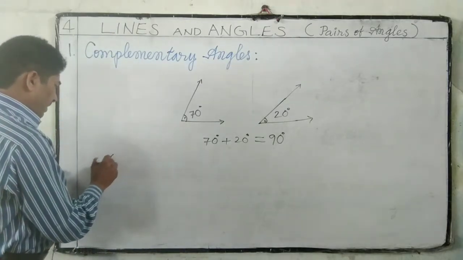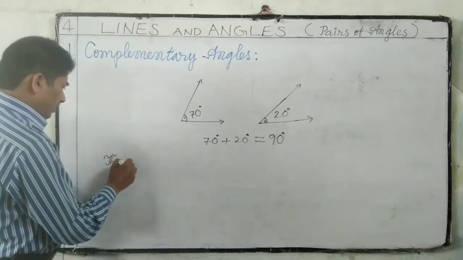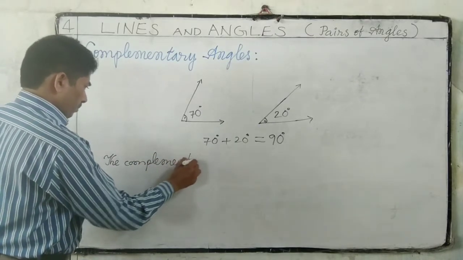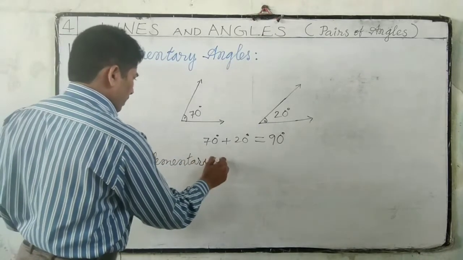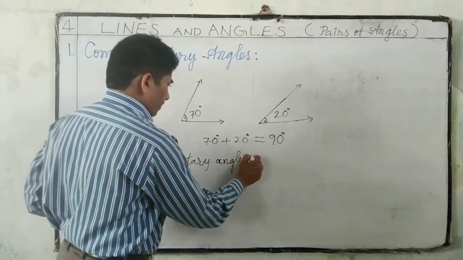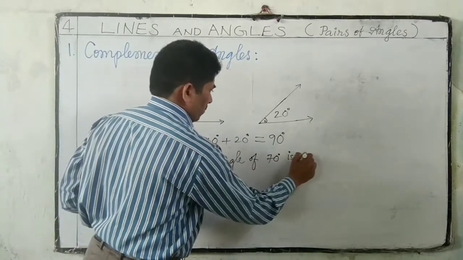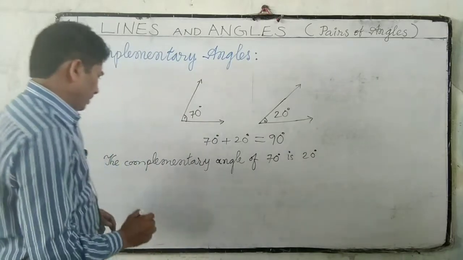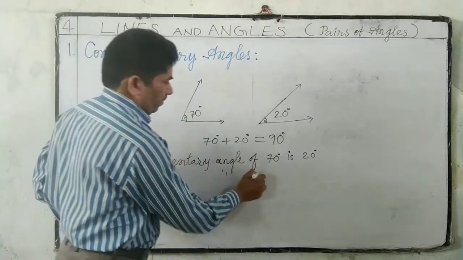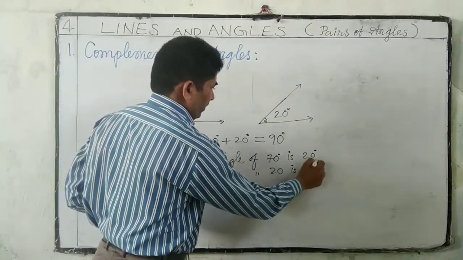We can also say that the complementary angle of 70 is 20 degrees, and the complementary angle of 20 degree is 70 degree.